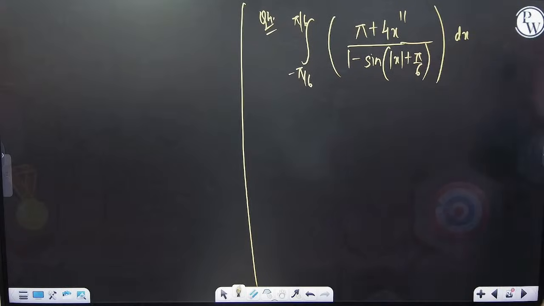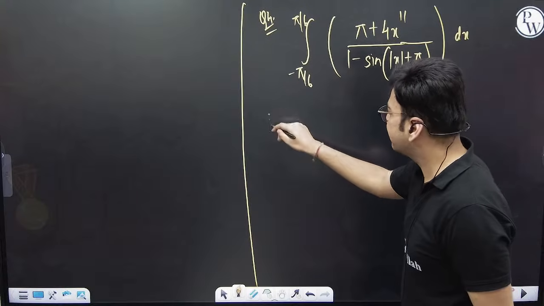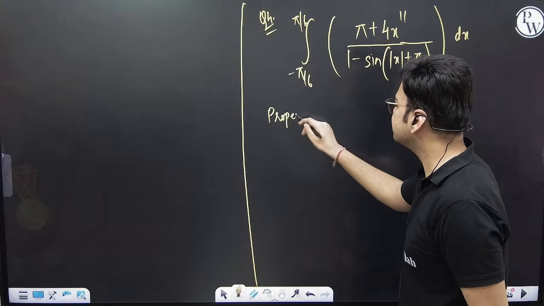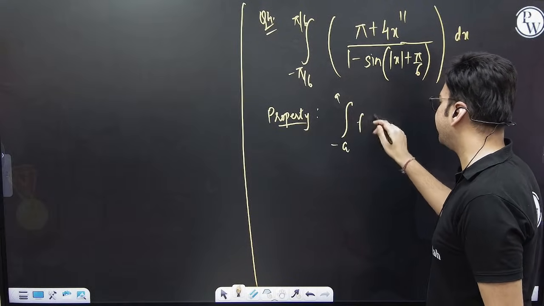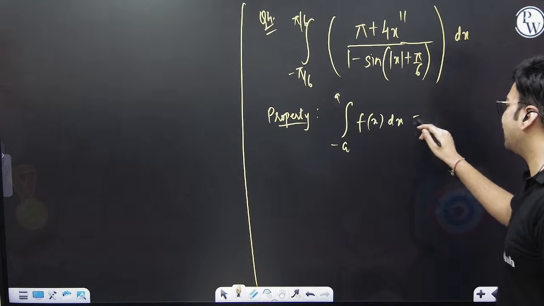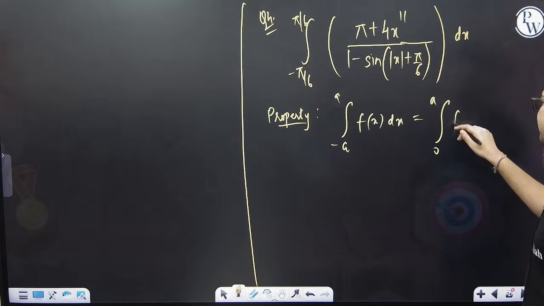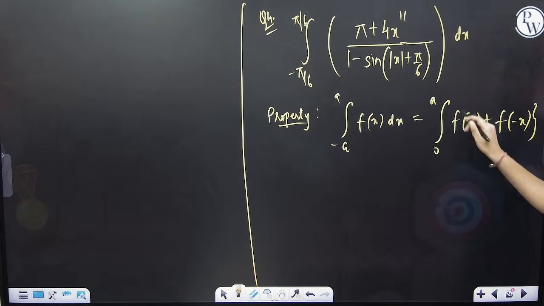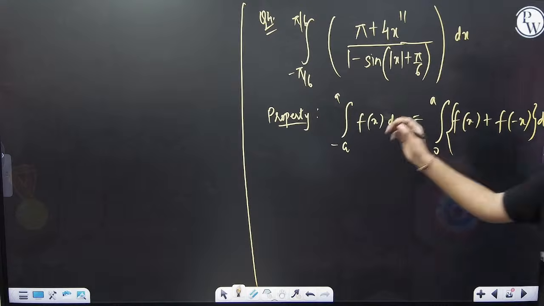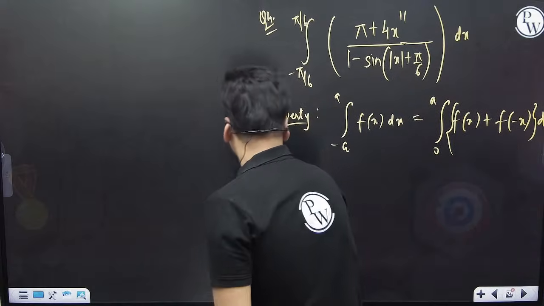I want to calculate the integration of this. So the property that we can use is that the integration from minus a to a of f(x) dx can be written as the integration from 0 to a of f(x) plus f(minus x) dx. Right? So let's apply this property and solve this question.